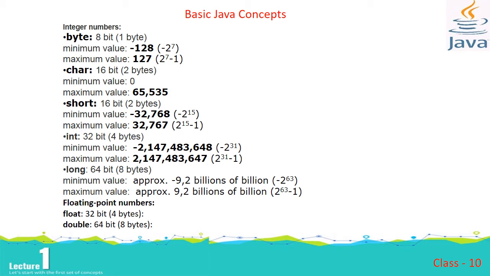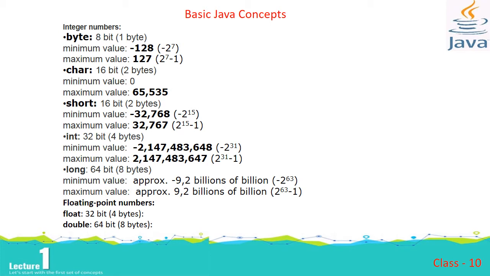Integer is of 4 bytes, minimum value -2 raised to the power 31, and the maximum value is 2 raised to the power 31 minus 1.